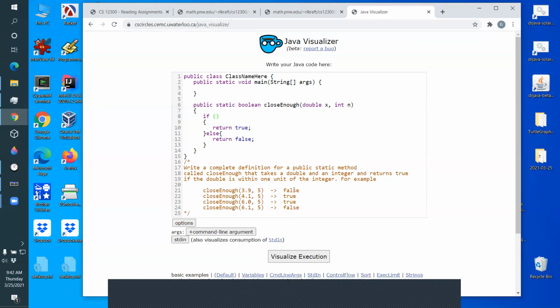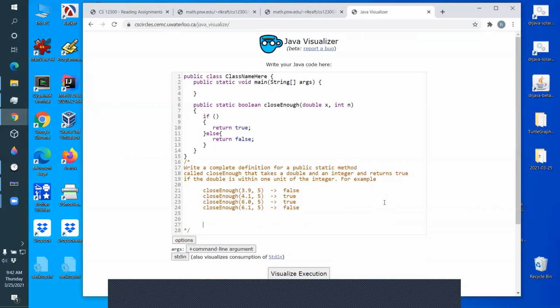What they mean is that if you think of it on a number line, there's this integer. I called it n. It's somewhere on the number line. Now, 1 unit away from n on the number line is the number n plus 1.